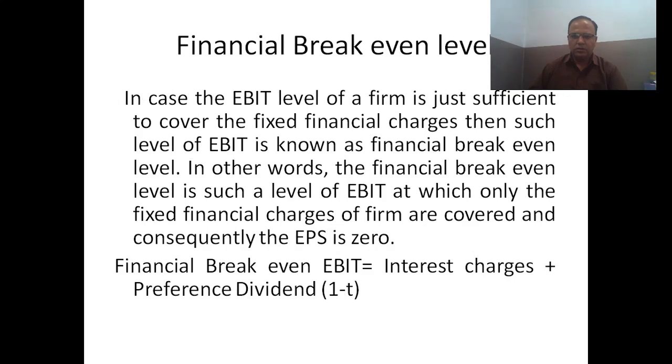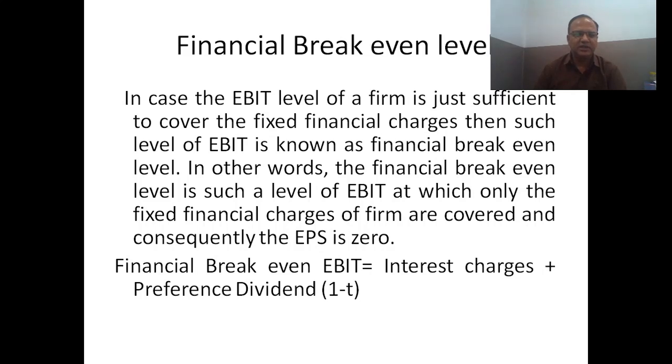Now, let's understand the financial break-even level. In case the EBIT level of a firm is just sufficient to cover the fixed financial charges, then such a level of EBIT is known as financial break-even level.